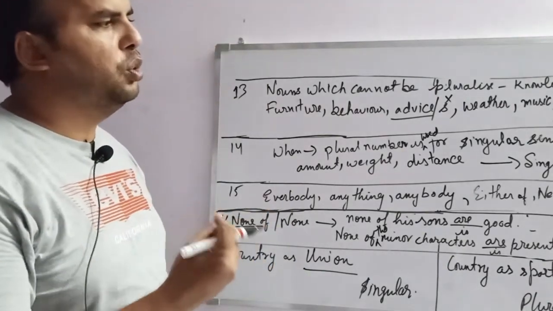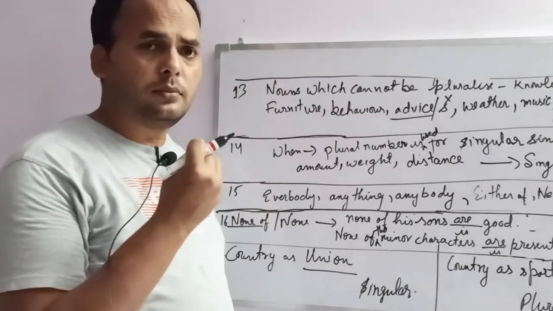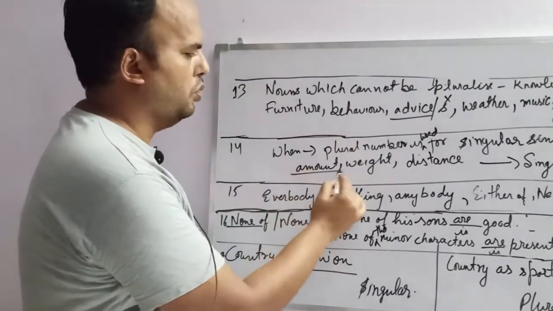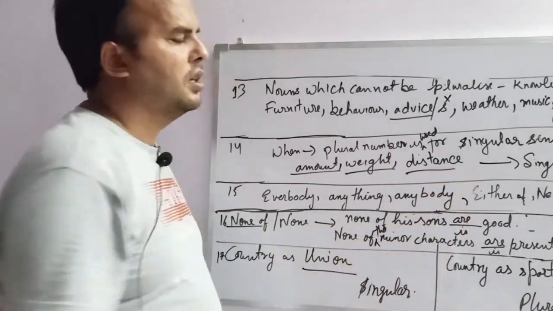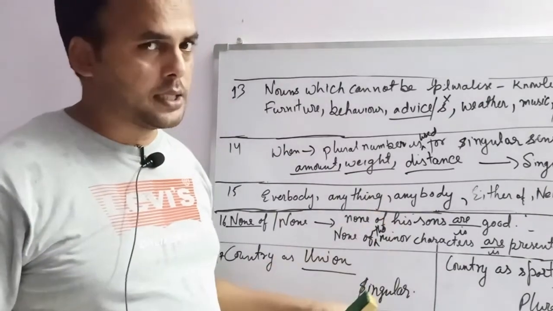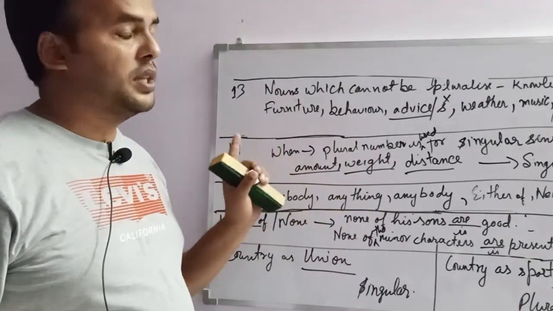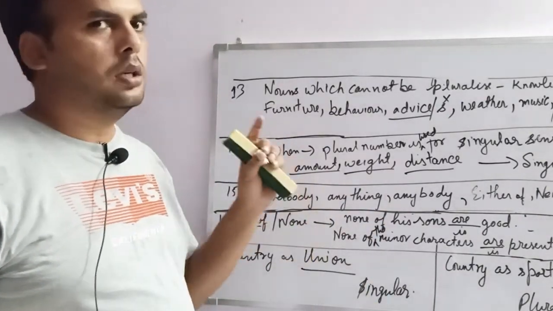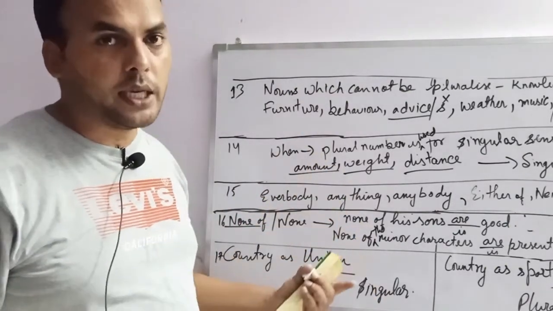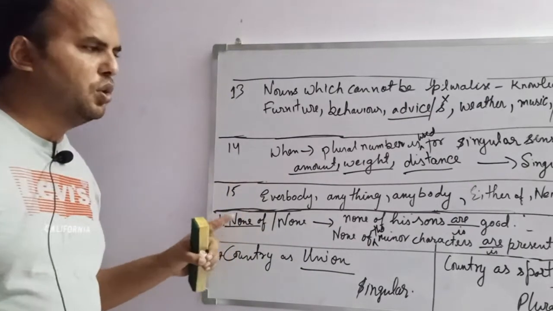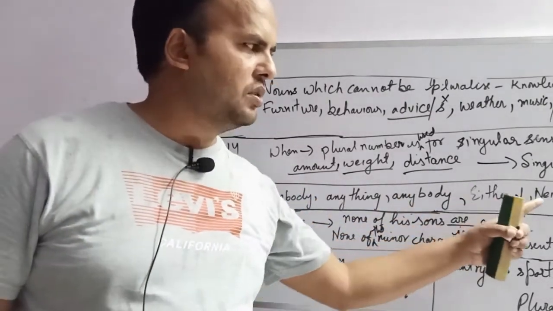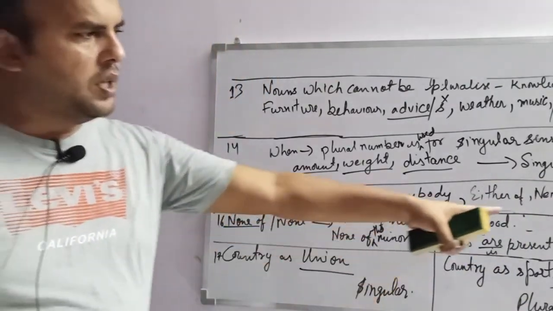But when we use them in singular sense, like for amount, for weight and for distance, we use singular verb, like 5 kg is, like 5,000 rupees is, like 5 kilometer is.